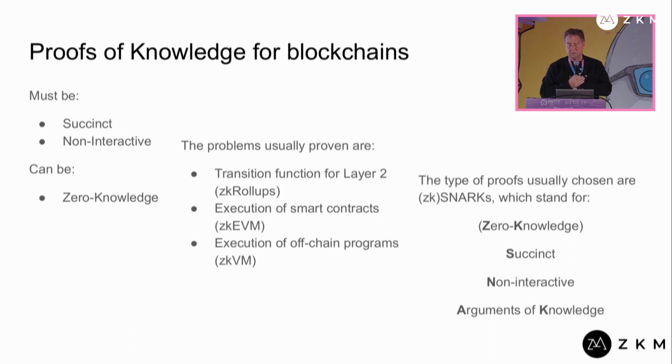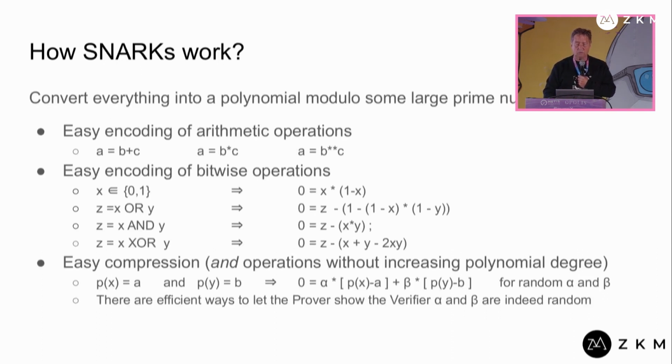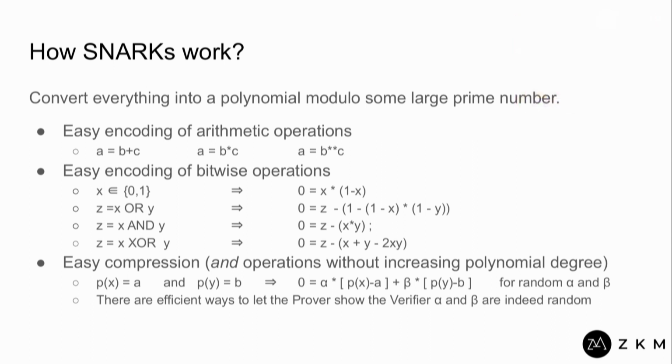The technology that's being used for this is SNARKs, which stands for Succinct Non-Interactive Arguments of Knowledge, which optionally can be zero knowledge or not. So how do SNARKs work? This is a little bit high level, but it gives a little bit of the flavor. A SNARK does something very surprising.